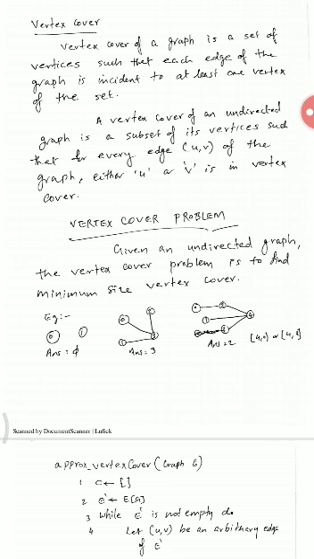So in approximation, we are trying to develop an approximation algorithm for this type of NP-hard problems or difficult problems. We are expecting not the optimal solution, but something near to that. That is the concept of approximation algorithms.